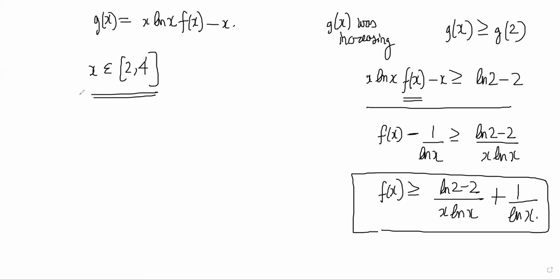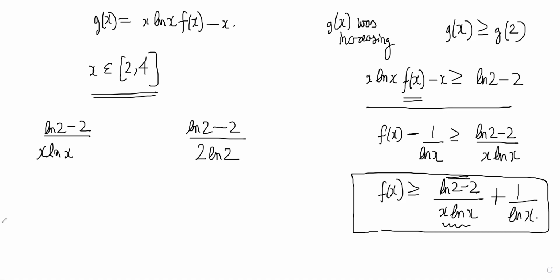There is a constant on top and the derivative of the denominator is x. What can we say about ln 2 minus 2 by x ln x as compared to ln 2 minus 2 by 2 ln 2? Which one is bigger?